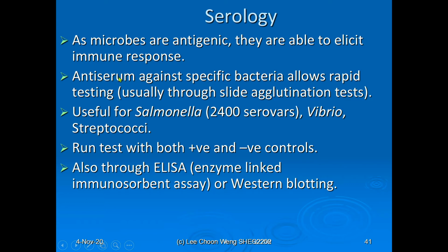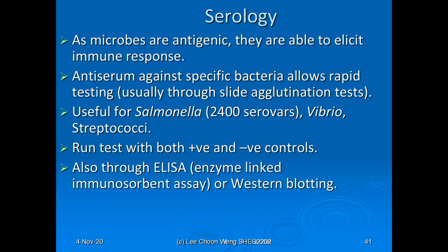So this serological test allows rapid testing because this is usually done through the slide agglutination test. What this test usually involves is you'll be given a slide, usually dark in color. Then you place one drop of antiserum and mix it with your culture, your isolate. Then you swirl the slide.